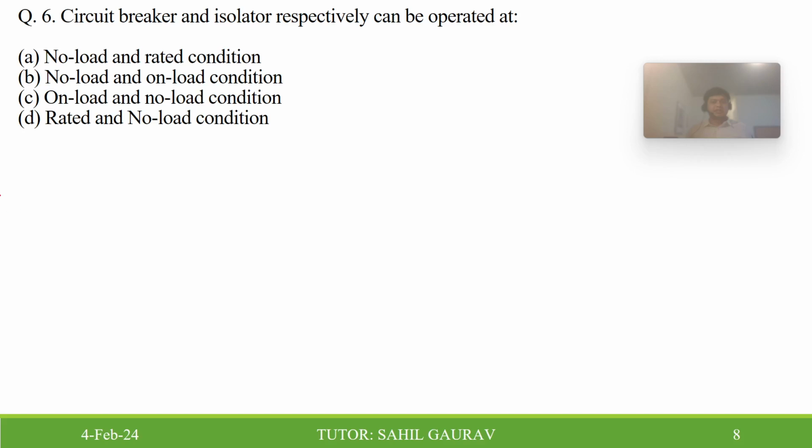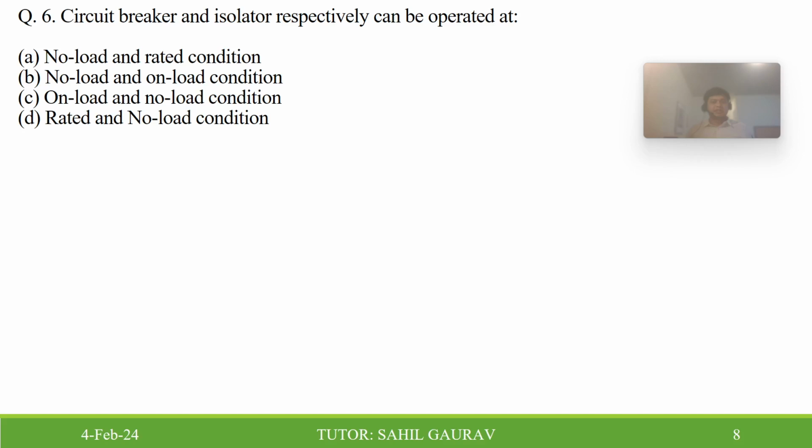Okay. Actually, these are just to confuse the students. Rated condition, it is not necessary that it always operates at rated condition. We are asking about on load or no load condition. Rated means if our distribution lines are not fully loaded, then it should also operate.